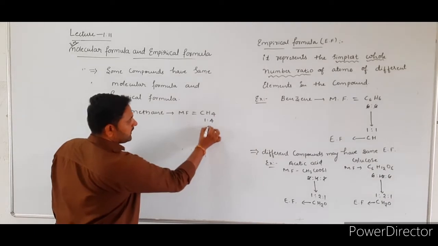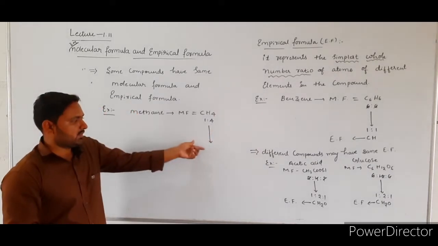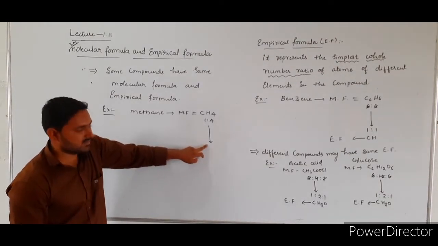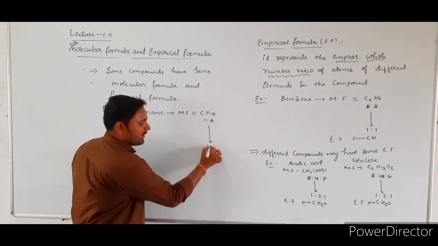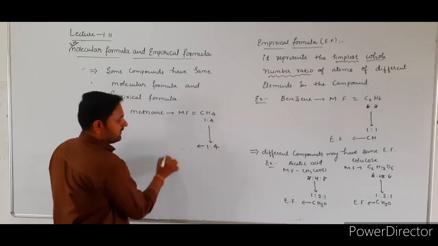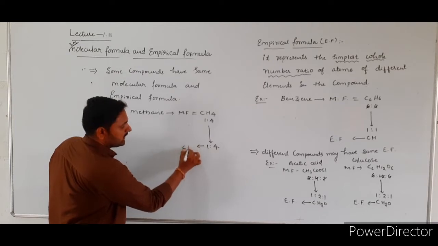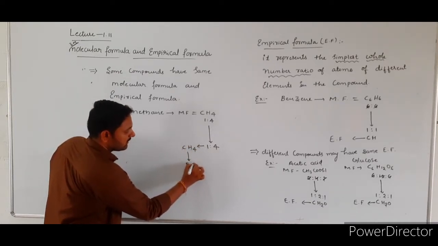Now you write the empirical formula. Empirical formula means what? Simplest whole number ratio. Now you convert to the simplest whole number ratio. The simplest whole number ratio is also 1:4. So the empirical formula is what? How many carbon atoms? 1. And how many hydrogen atoms? 4. This is the empirical formula.